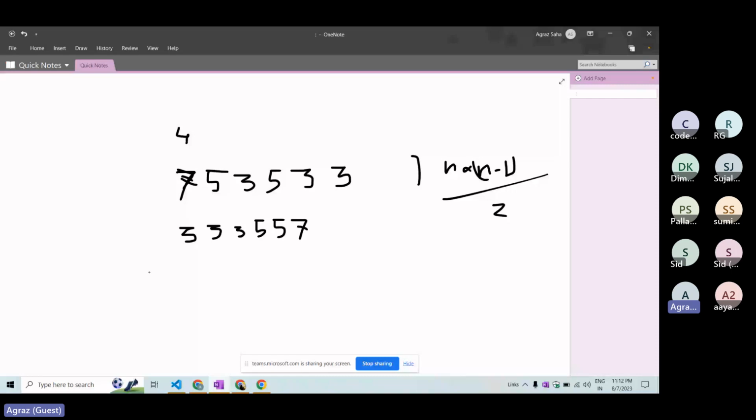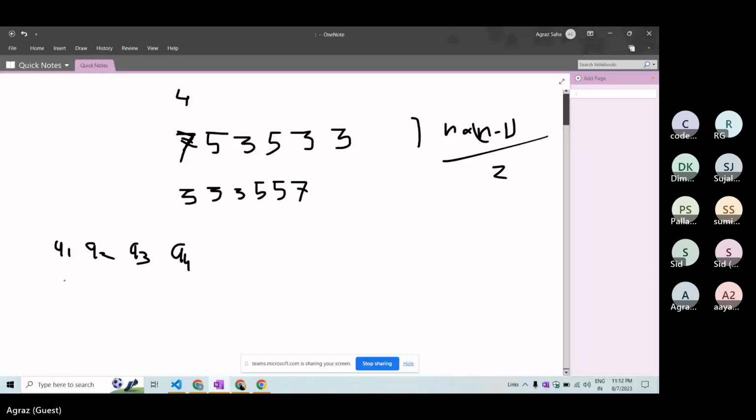Now let's see if I have an array of 4 integers, for example. If I have an array of 4 integers, then the first element will be the minimum of a1, a2.